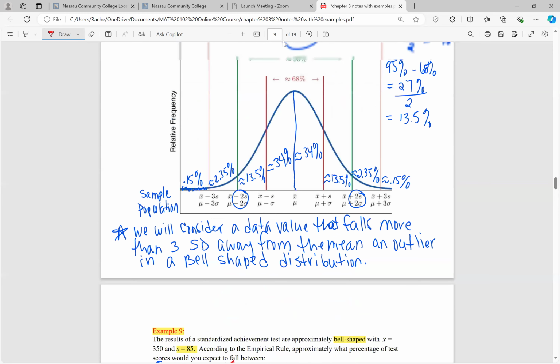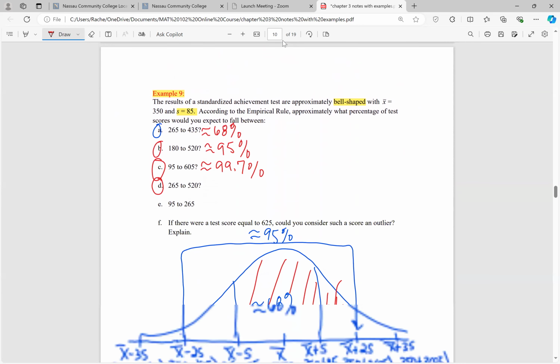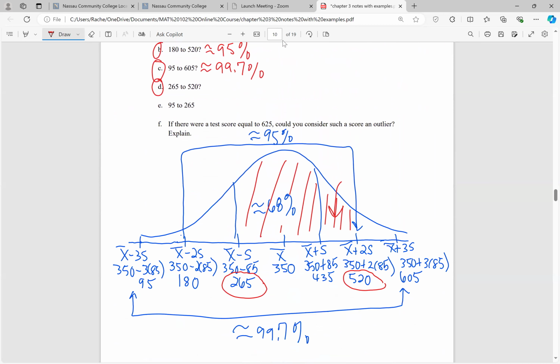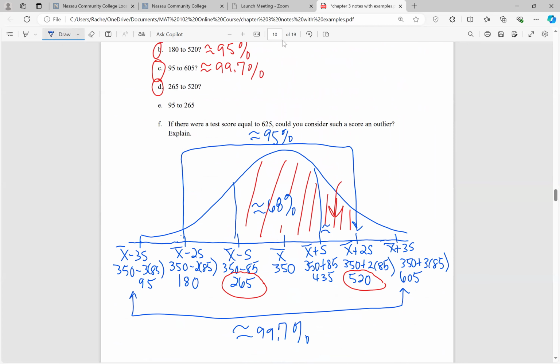But we labeled that up here. Remember when we broke down the little slices within my bell-shaped curve up here? So this little area is about 13.5%. Let me do this in a different color so we could see it. So this is about 13.5%. And now we could just add the total area, right?